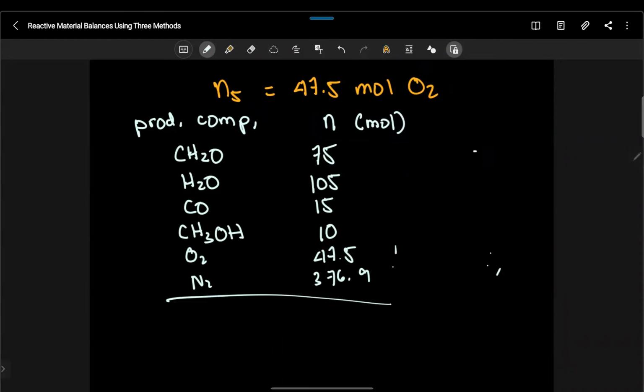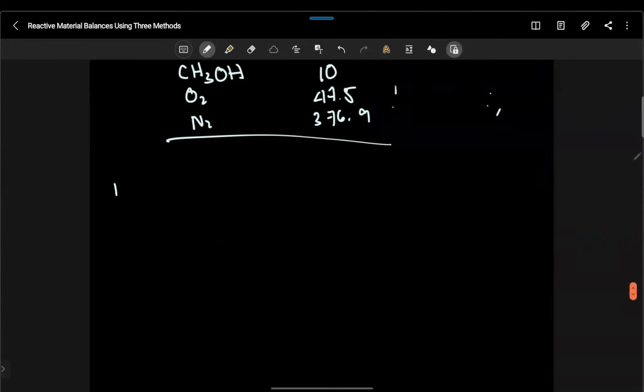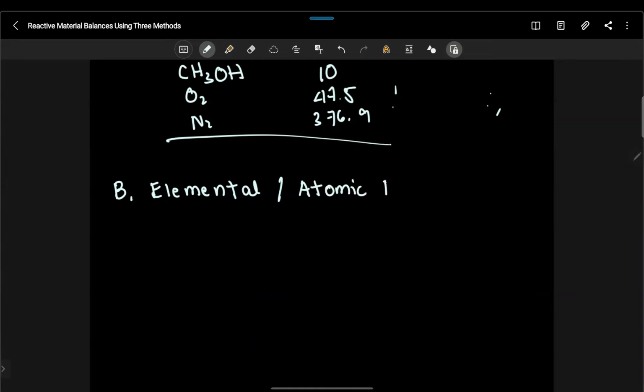Now, let's try solving this same problem using atomic balance method or elemental balance method. So letter B. Elemental or atomic, no? Balance.